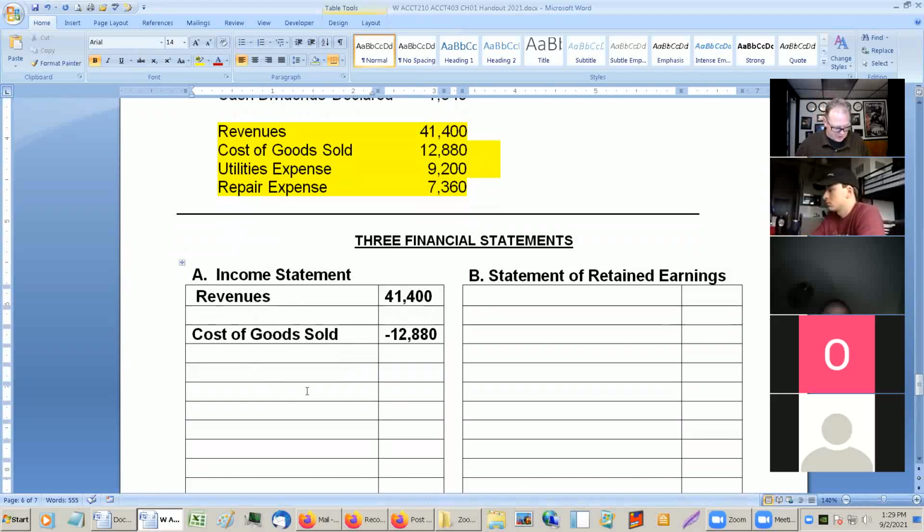I don't know why the utilities expense would be so high. And repair expense.